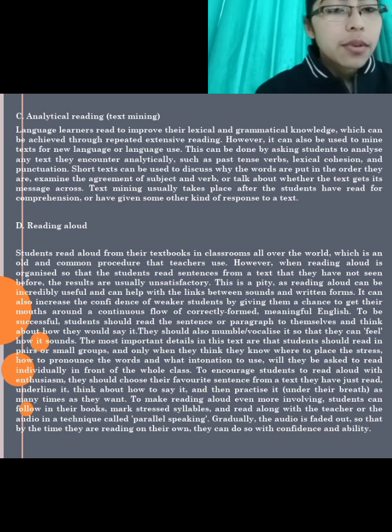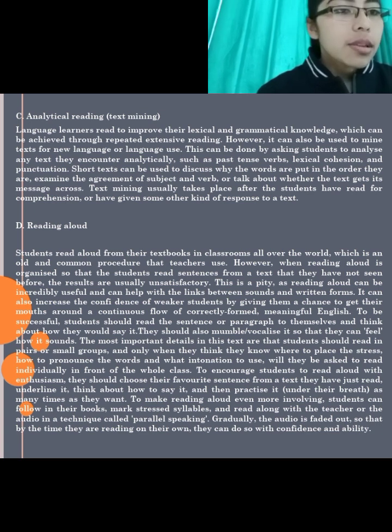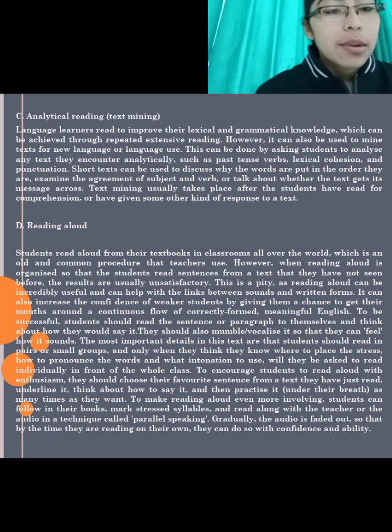To be successful, students should read the sentence or paragraph to themselves and think about how they would say it. They should also mumble or vocalize it so that they can feel how it sounds.